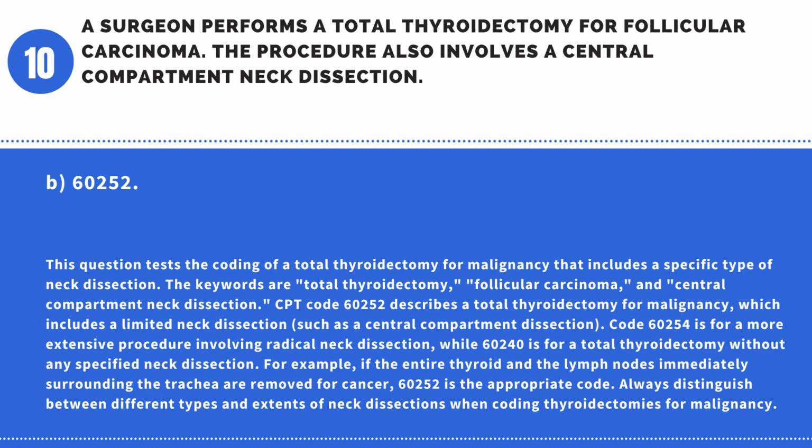Code 60254 is for a more extensive procedure involving radical neck dissection, while 60240 is for a total thyroidectomy without any specified neck dissection. For example, if the entire thyroid and the lymph nodes immediately surrounding the trachea are removed for cancer, 60252 is the appropriate code. Always distinguish between different types and extents of neck dissections when coding thyroidectomies for malignancy.